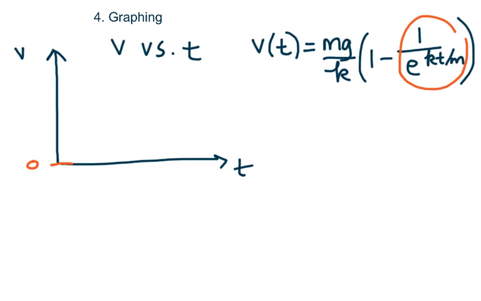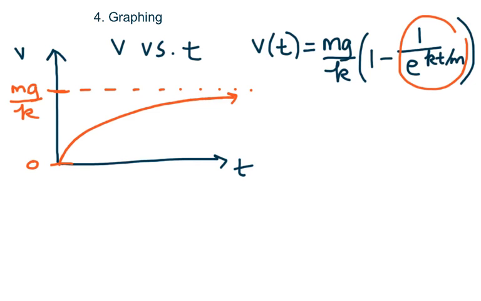So as time goes on, your velocity approaches mg over k. And that, if you recall, is also the equation for terminal velocity. The velocity starts at 0 if the ball is dropped, and then we have an asymptotic relationship, where the velocity approaches the terminal velocity as time goes on.